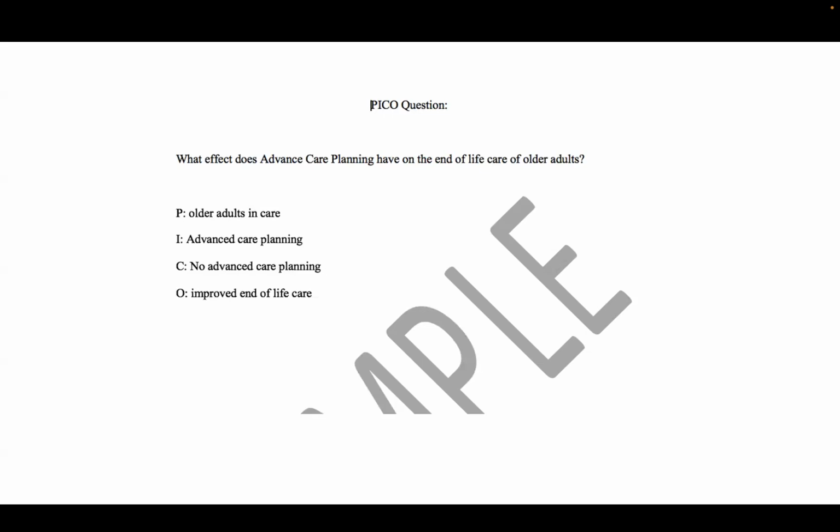What is the program? What is the consequences you really care about? For example, improved end of life care. That's the most important thing for your interest, and this will be your outcome. So to summarize, for the title page, I need the Pickle Question and breakdown of your PIO. This is very important to get the points.